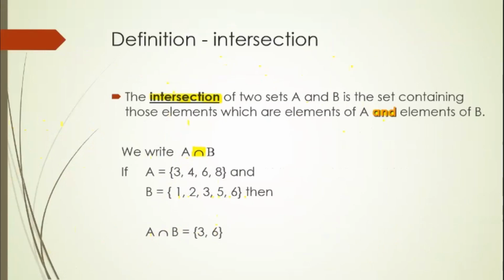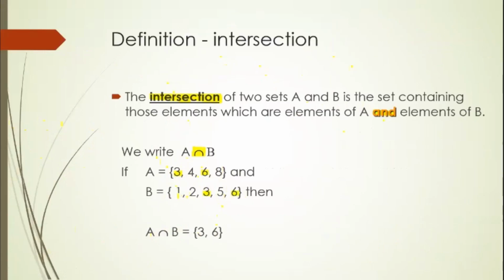Intersection is commonly understood by many as the thing that is common between sets. In set A, you have here 3, which is also seen in set B. In set A, you have 6 here, that is also seen in set B. 4 and 8 are not seen here.